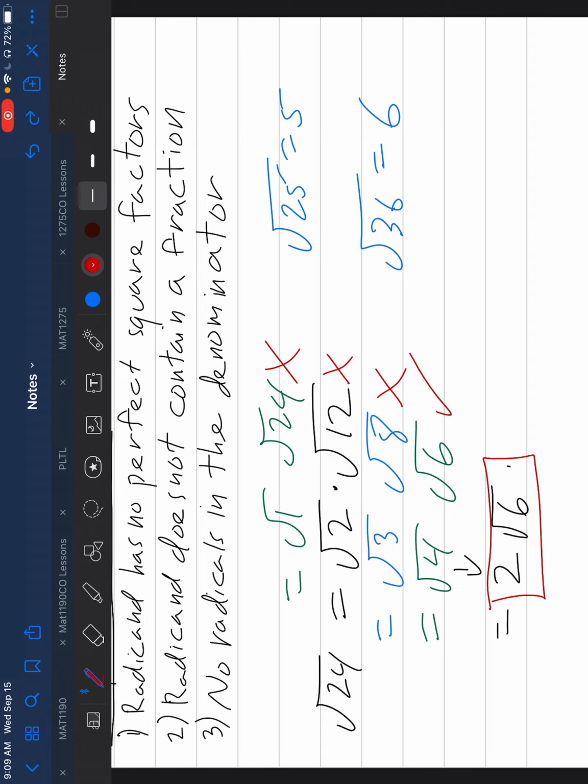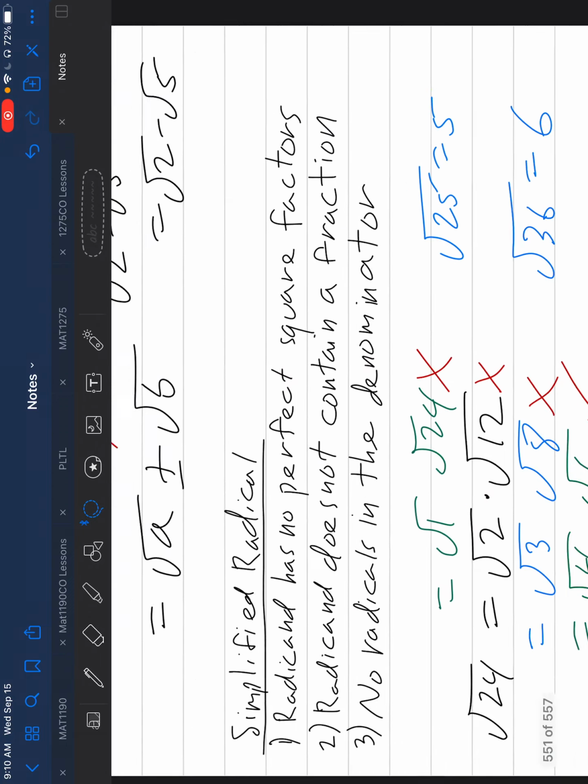The answer is the presence of this right here, the radical 4. Radical 4 is a perfect square, which means that we can take the square root of 4 to be a whole number of 2. The other radical, radical 6, stays as radical 6.